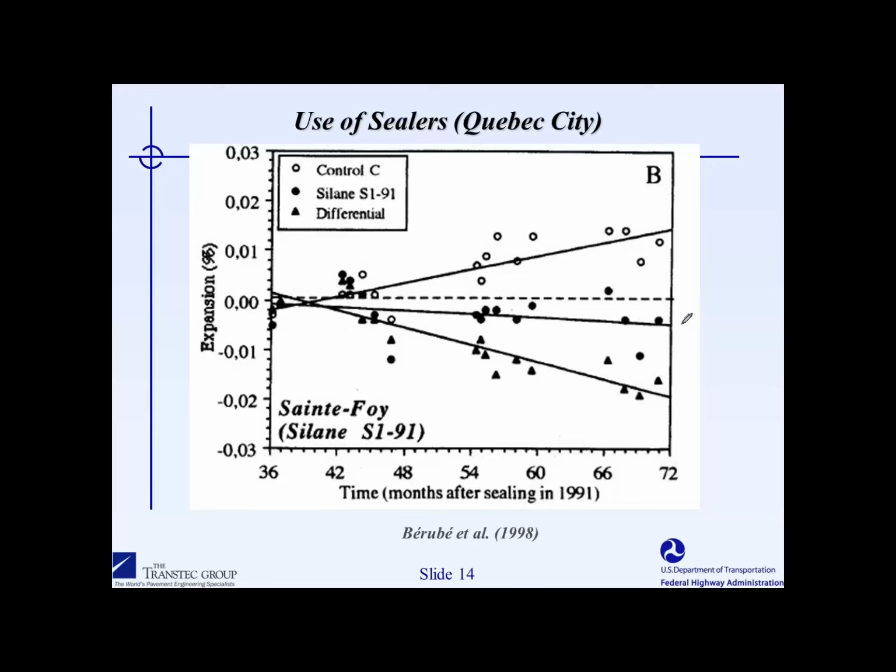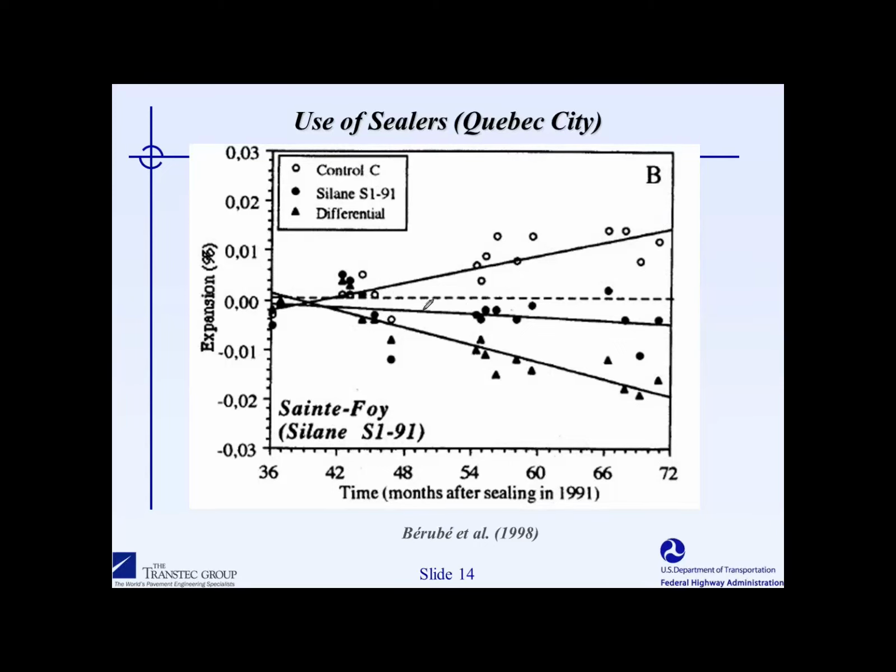In addition to reducing the humidity, we can see here that the treated specimens no longer expanded during the course of the monitoring. First, let's look at the controls up here. And this graph is showing expansion on the y-axis versus time on the x-axis. This top line here shows the general increase in expansion during the course of the monitoring for the untreated specimens.